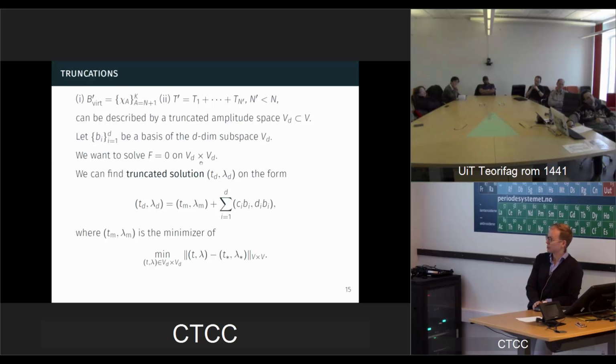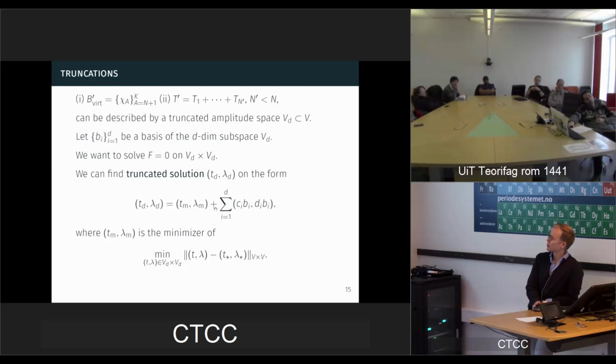So what we can do is look at a solution of this form. We first write it as a minimizing pair, so this T index M, lambda index M, is the closest point in this truncated space to the exact solution.